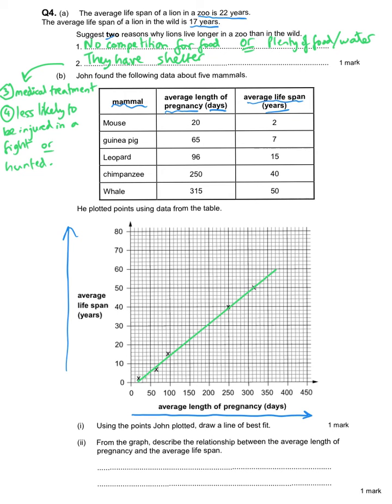And so what we can say without any doubt is as we go to the right on the graph, so average length of pregnancy goes up, the average lifespan definitely also goes up. So you can say animals with longer pregnancies live longer, or the shorter the pregnancy, the shorter the lifespan. So you're coming at that from either of those 2 different angles.